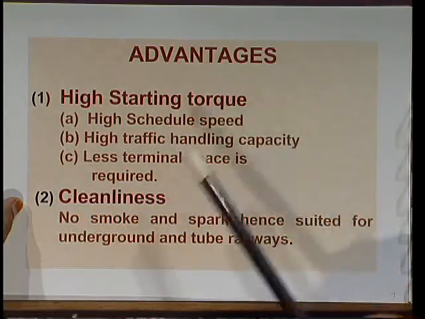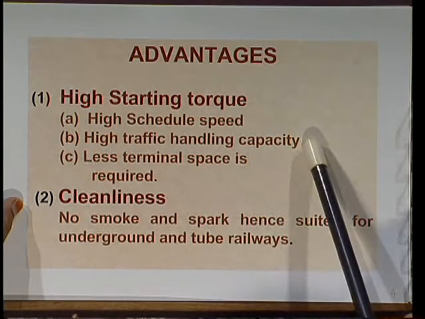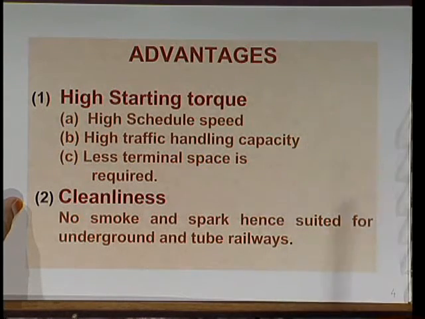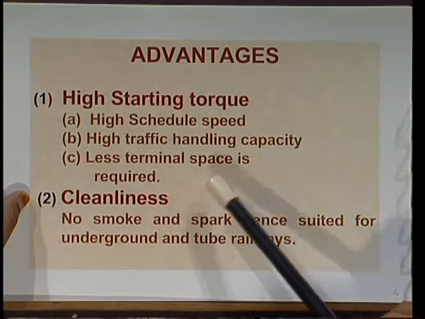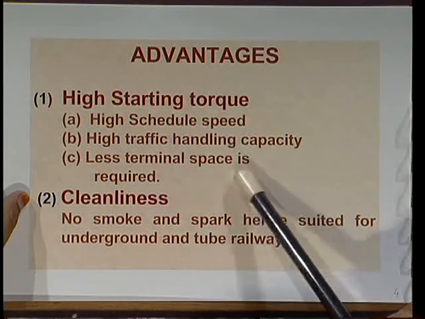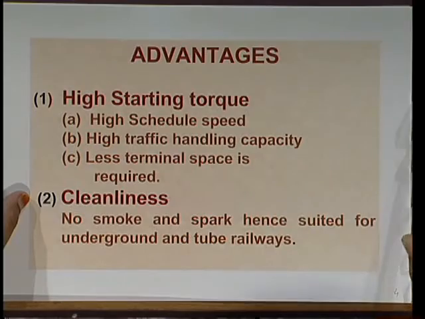This high starting torque results in high schedule speeds and high traffic handling capacity. The traffic handling capacity of an electric locomotive is over double that of the steam locomotive. Because of the high schedule speeds and high starting torque, less terminal space is required by the locomotive. This is a very important factor in urban areas.